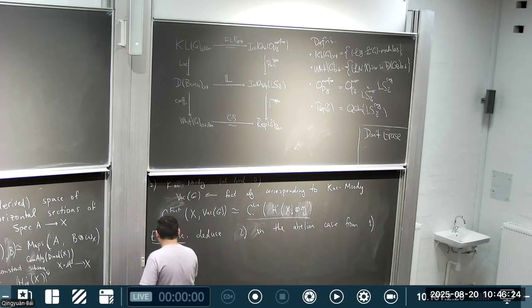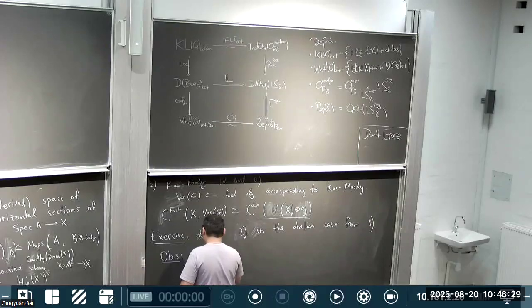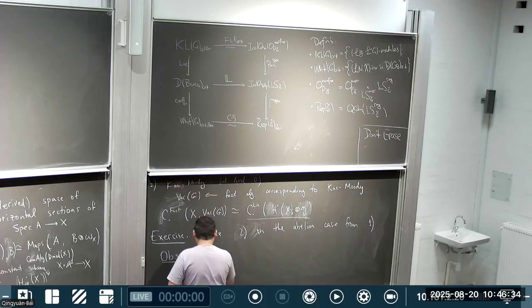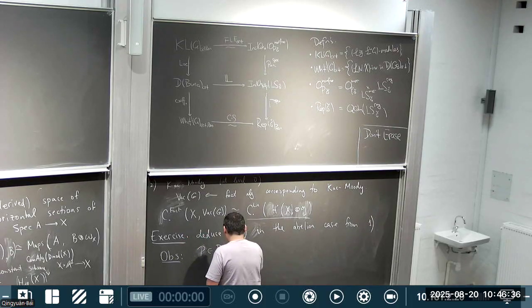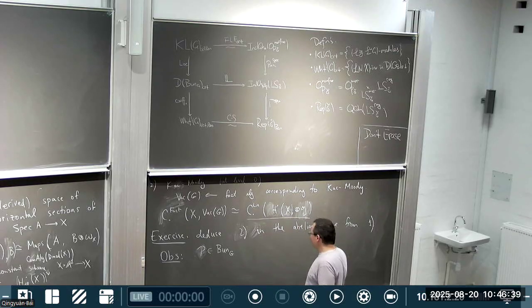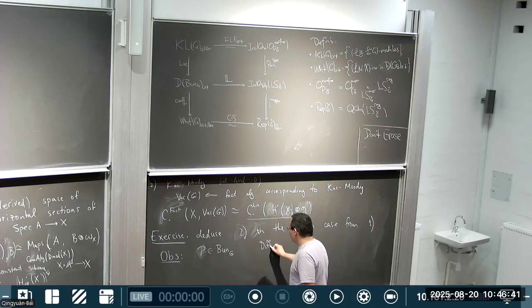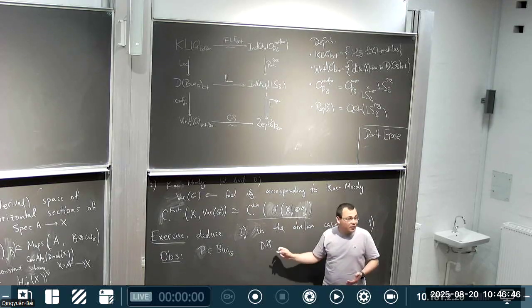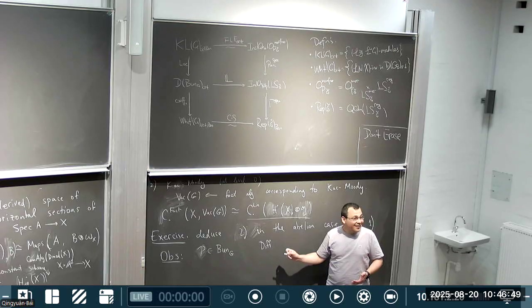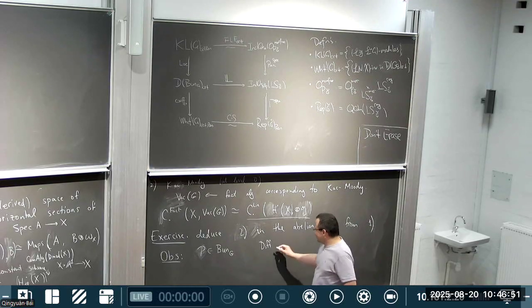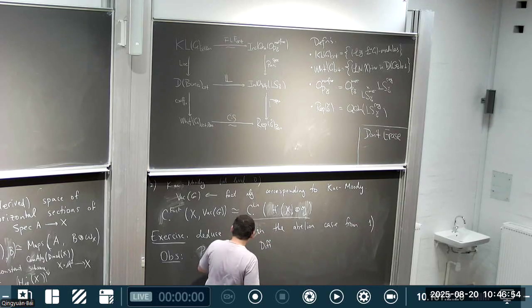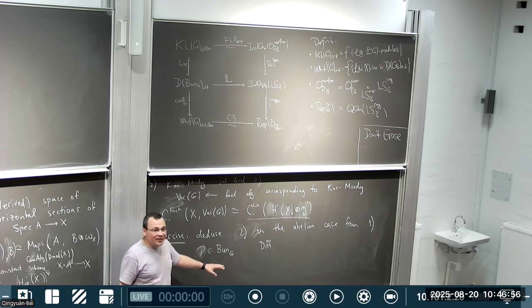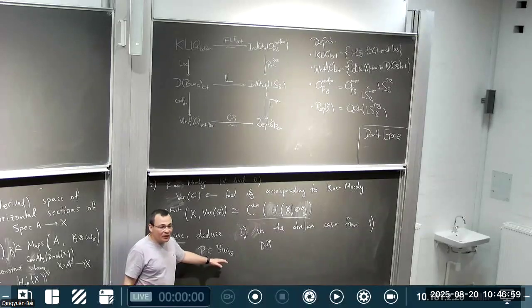So the observation is, if I take a G-bundle, let me pick a G-bundle, then if I take the sheaf of differential operators, what was the name you used, Fred? I used like 8 different names. All right, let me just call it Diff, for differential.